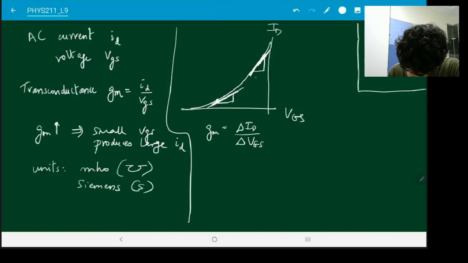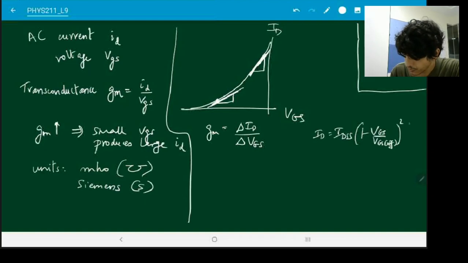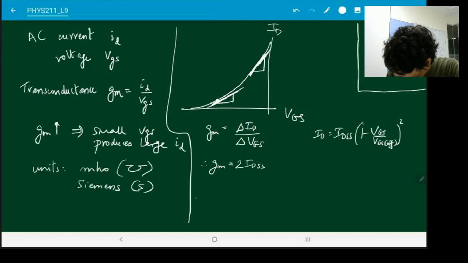So since we know that ID is IDSS times (1 minus VGS by VGS cutoff) whole squared, we can take the derivative of it to find out what is gm. So therefore gm, when you differentiate this, you get 2 IDSS with a negative sign divided by VGS cutoff, times (1 minus VGS over VGS cutoff).